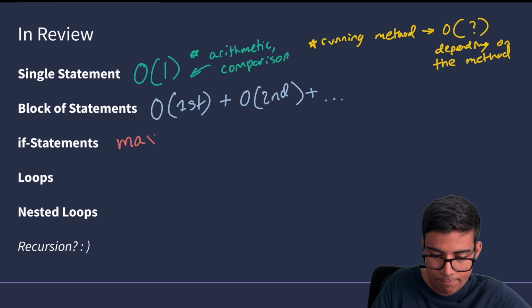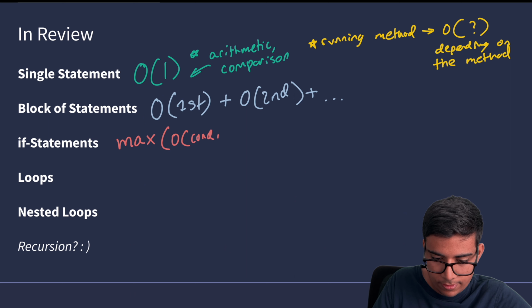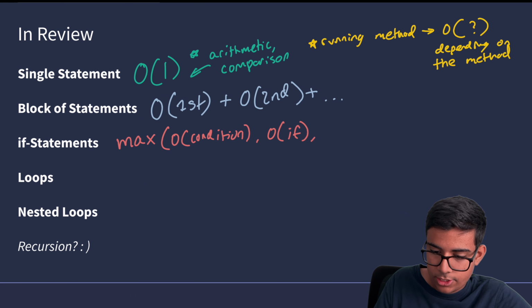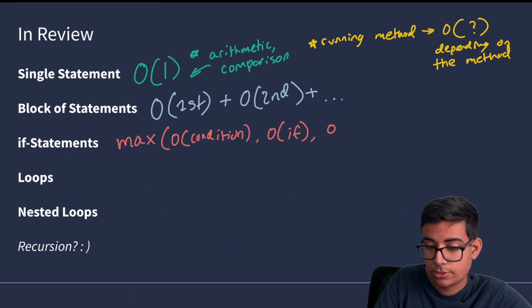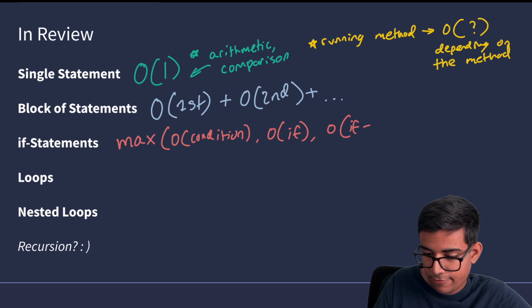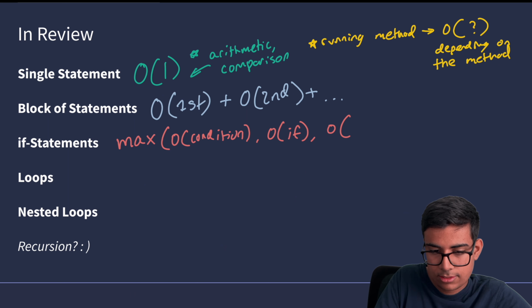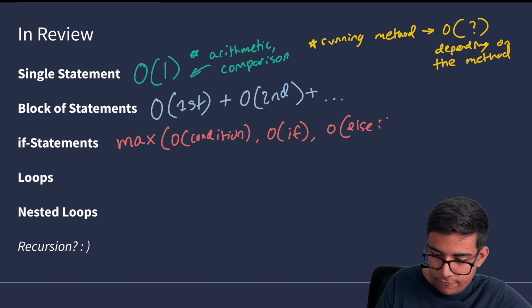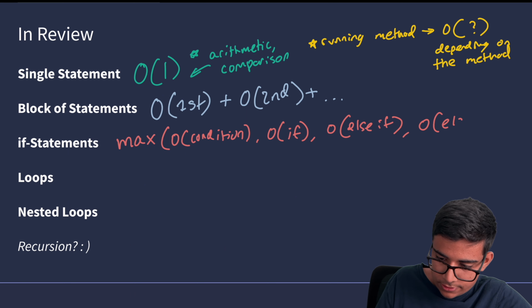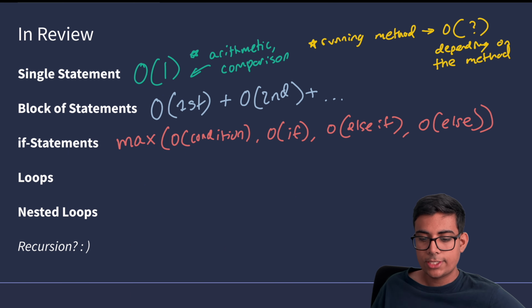You're going to take the max of the O of the condition, the O of the if statement, any else if, and then the O of else. You take the max of all those, and that's going to be the complexity of the entire if statement.